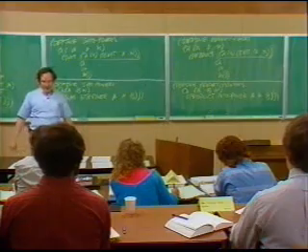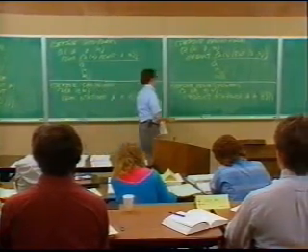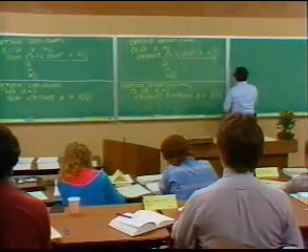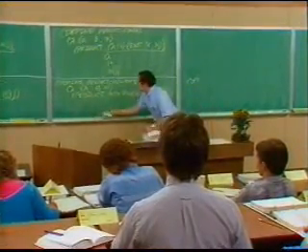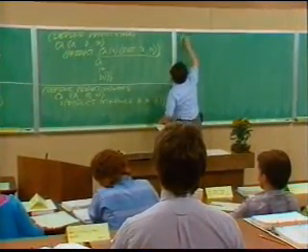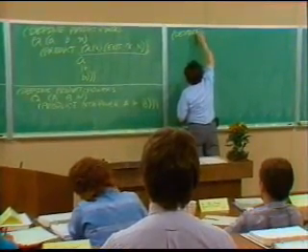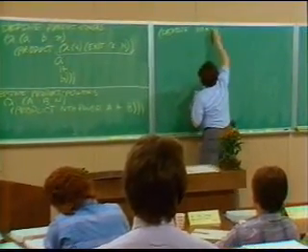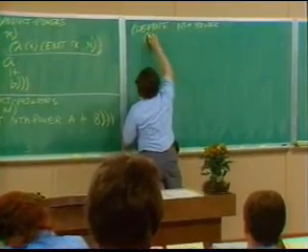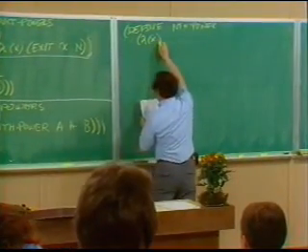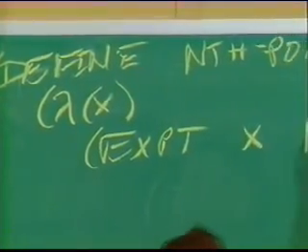And I'd like to be able to define nth power. I'll put it at the top. To be, in fact, my procedure of one argument x, which is the result of exponentiating x to the n.